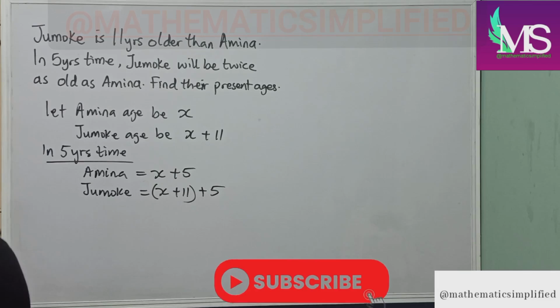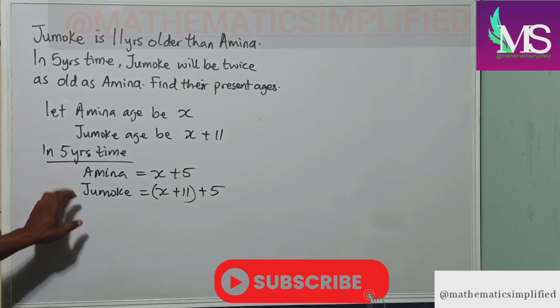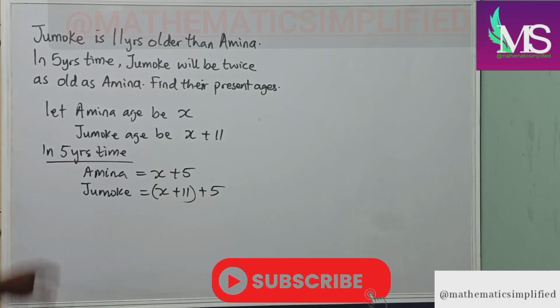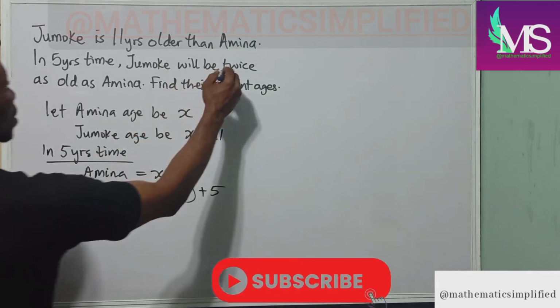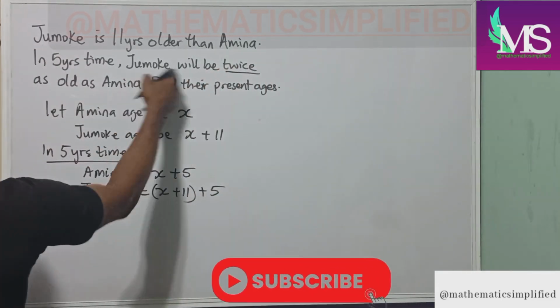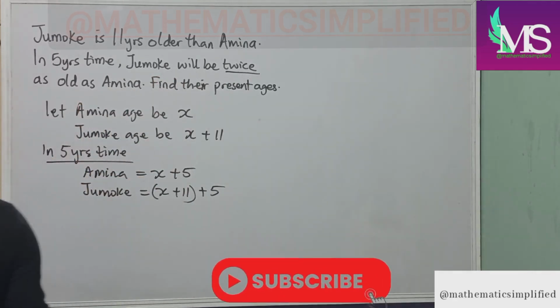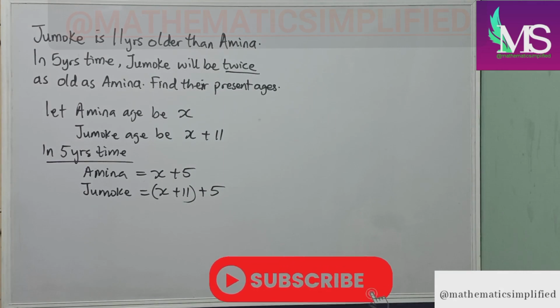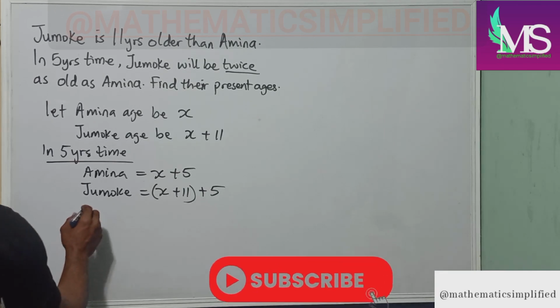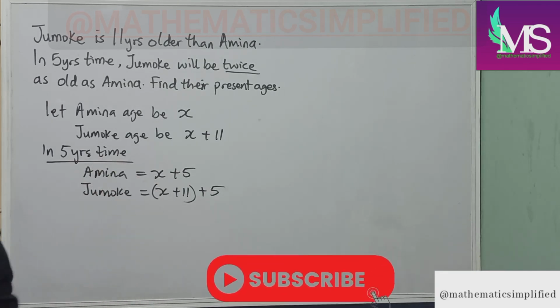Now, having this as their ages, it is important to note this: Jumoke will be twice as old as Amina. That means Jumoke will be 2 times Amina's age.